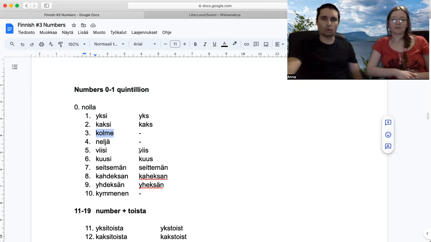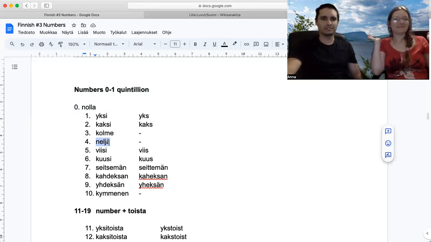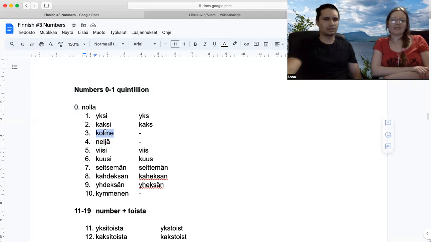3, kolme. Maybe you can also say the numbers, so they can compare the pronunciation of the native and non-native. Kolme. Yeah, but you pronounce most of the words very well, like a native. 4, neljä.